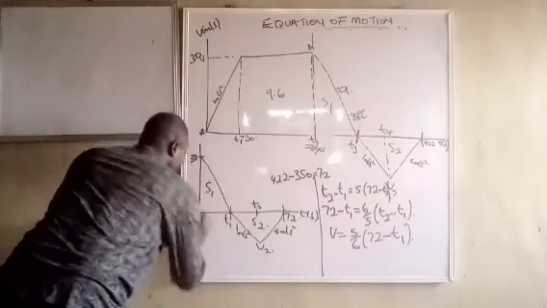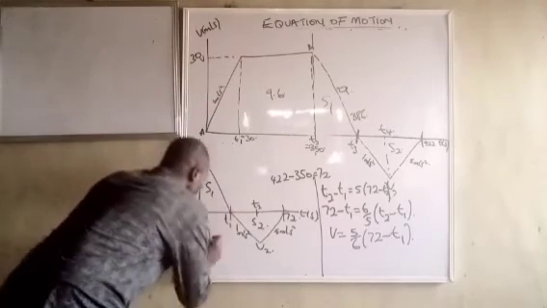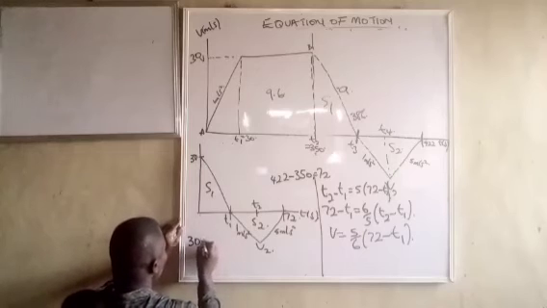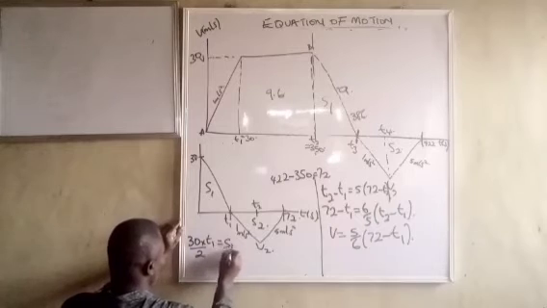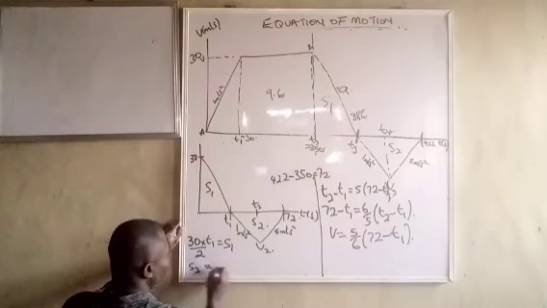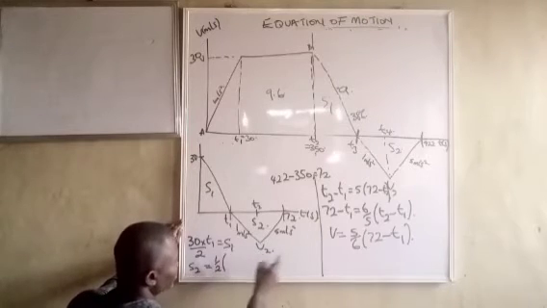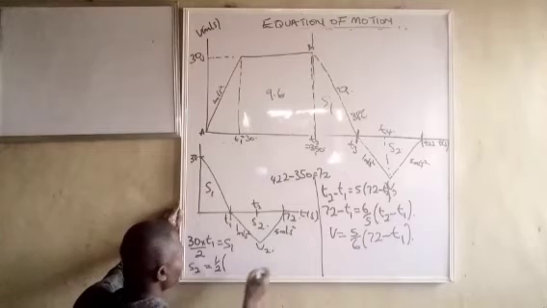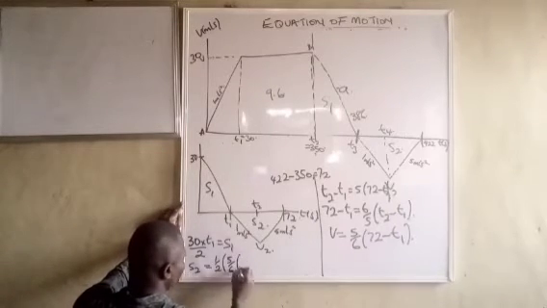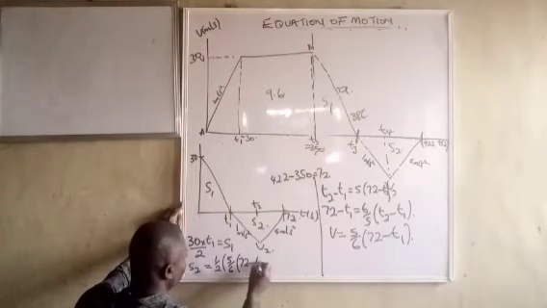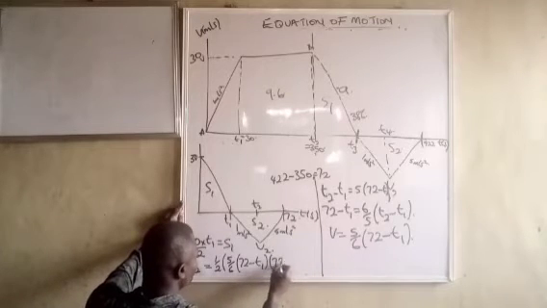So what is our distance now? S1 is 30 times T1 over 2. S2 is equal to half into V, that is 5 over 6, 72 minus T1, times time again, that is 72 minus T1.